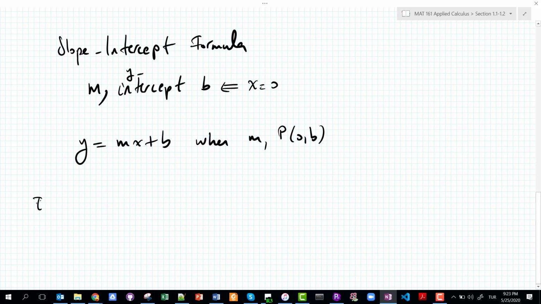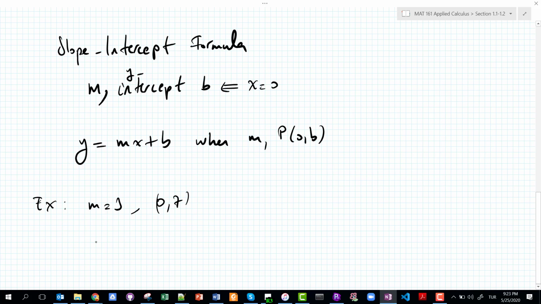Let's say your slope is equal to 3, and your intercept point is equal to 0, 7.